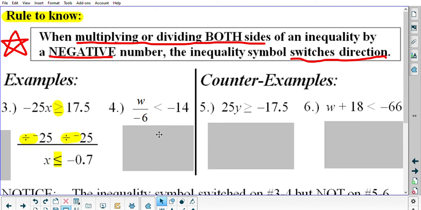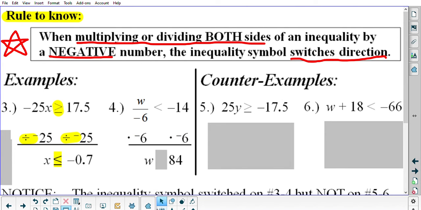Same thing's going to happen on number 4. The variable w is being divided by -6. That's what that fraction means. And therefore, we would do the inverse, which is to multiply by -6 on both sides. And again, notice we are multiplying by a negative on both sides. That's what the rule to know is saying. When you multiply or divide both sides by a negative, that's what we're doing here on number 4, then the inequality symbol switches direction.